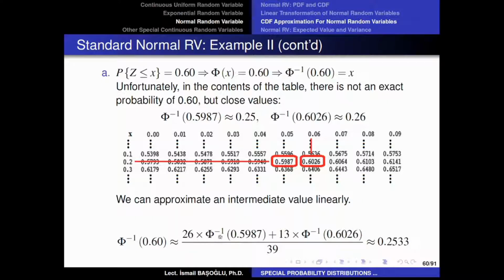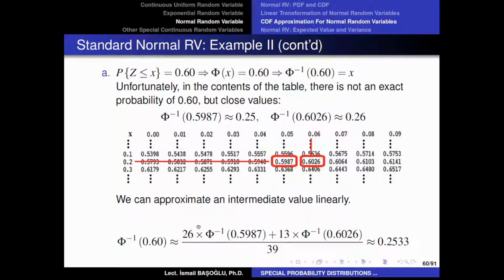Now, look at the distances. For these two values, the distances to 0.60. The distance of 0.5987 to 0.60 is 13 units, and the distance of 0.6026 to 0.6 is 26 units.